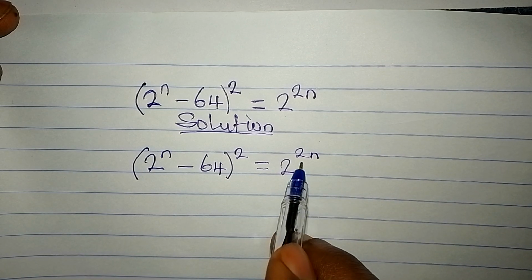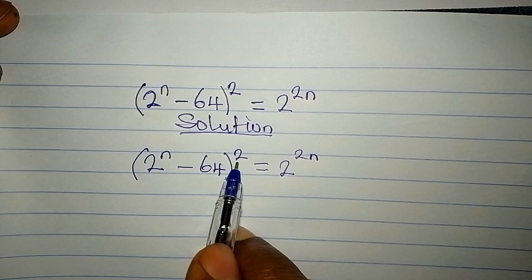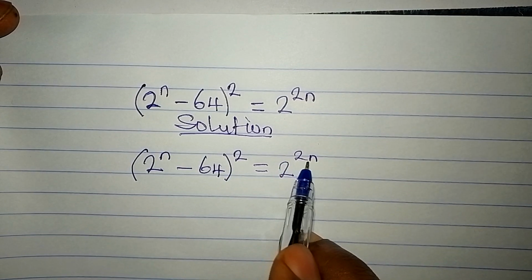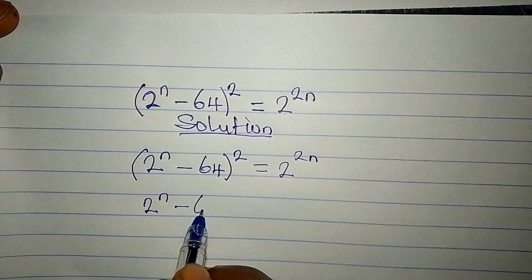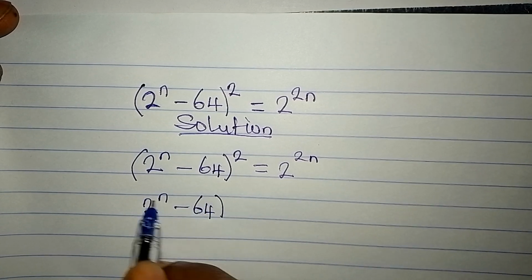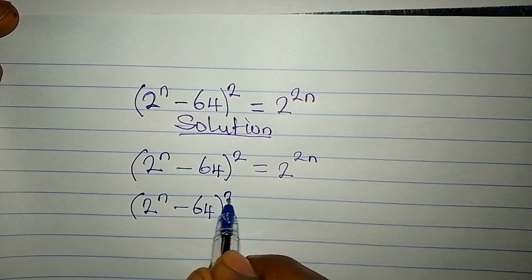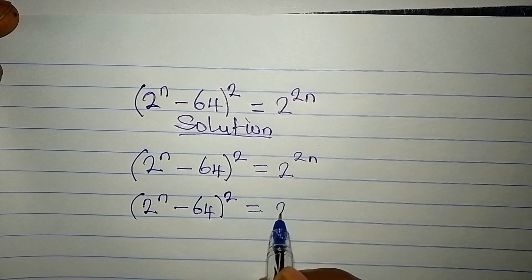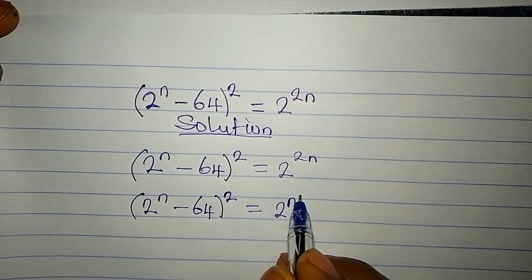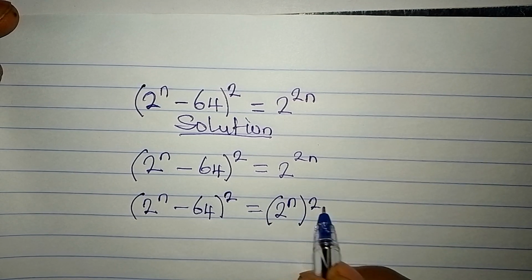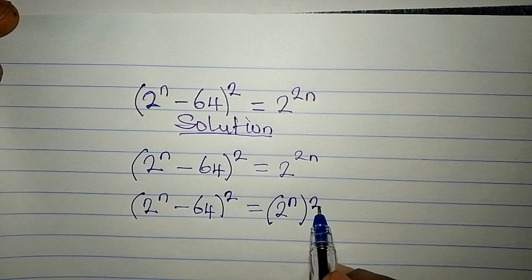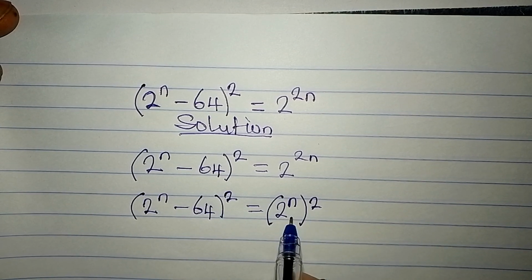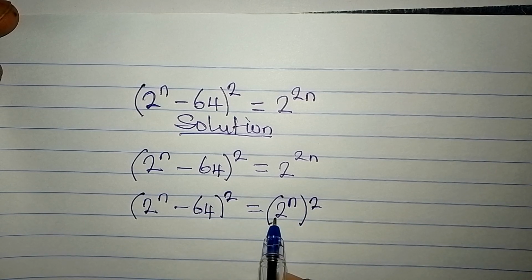Because I have 2 here, and I have 2 here, I can rewrite this so that I have (2^n - 64)^2 equal to (2^n)^2. Now we're having 2 here and 2 over there, right? What if I take this to the left? It becomes negative.